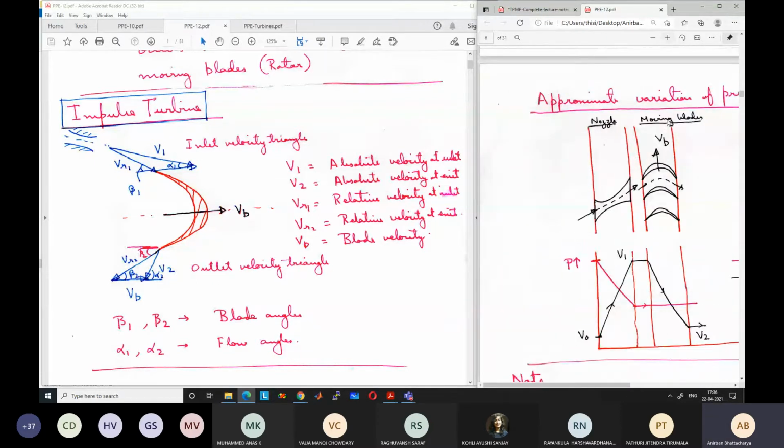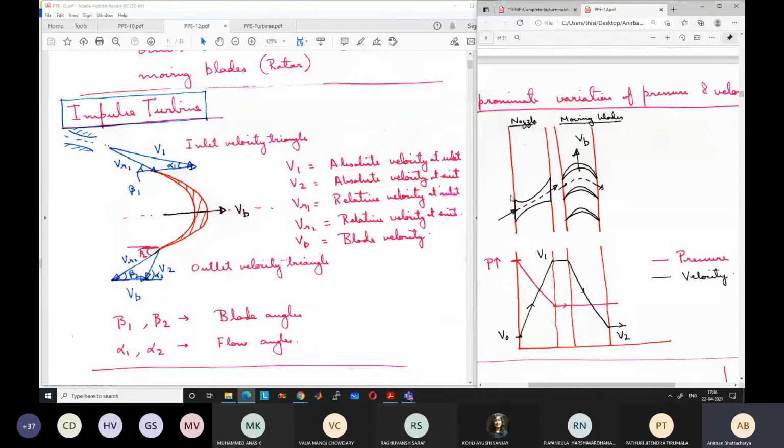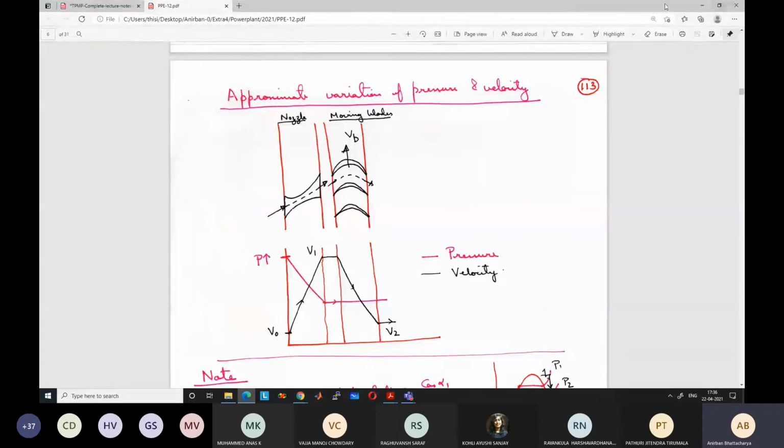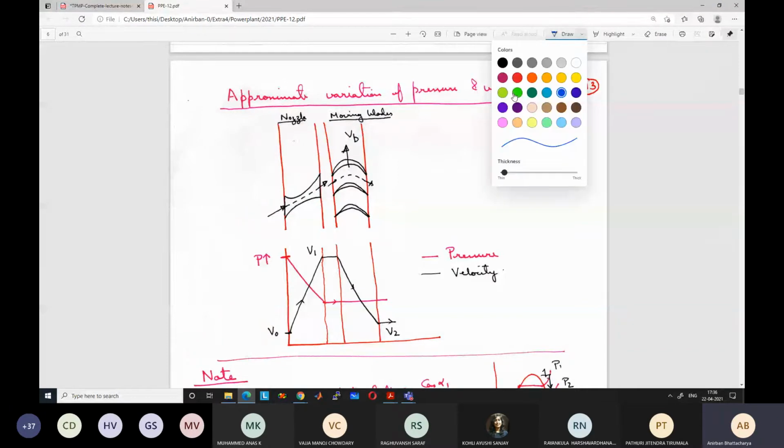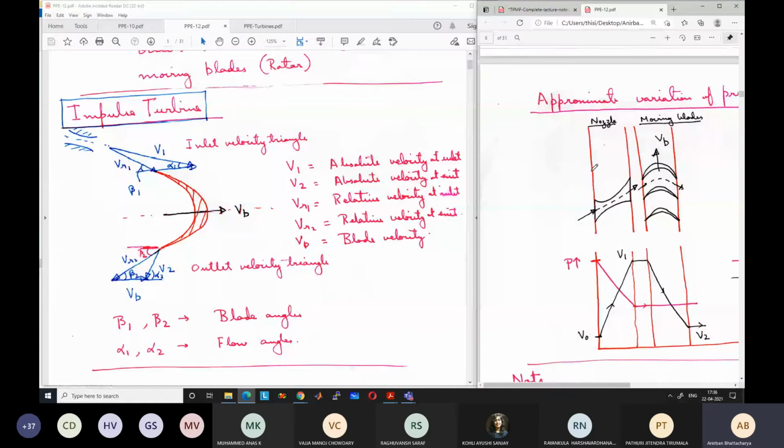You have to bear with my poor drawing skills. Similarly, another nozzle is here. Multiple nozzles are arranged around the periphery in a circular pattern, and through each of the nozzles there is flow of steam, and the steam is accelerated to supersonic speed and then impinges on the moving blades.